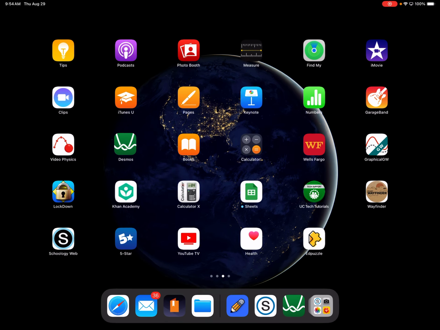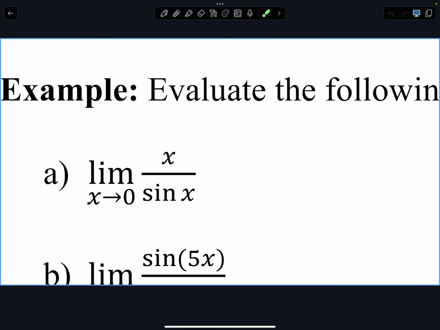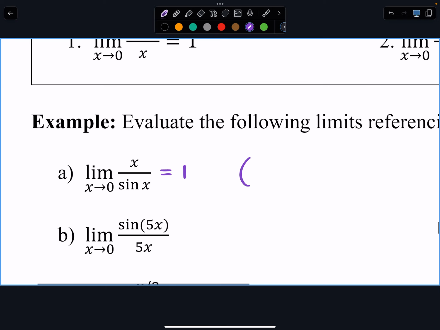Are we following this okay? Yeah. Okay. So we can say that the limit as x approaches 0 of x over sine of x would also be equal to 1. And this is just the reciprocal. You can think about the graph for determining this.